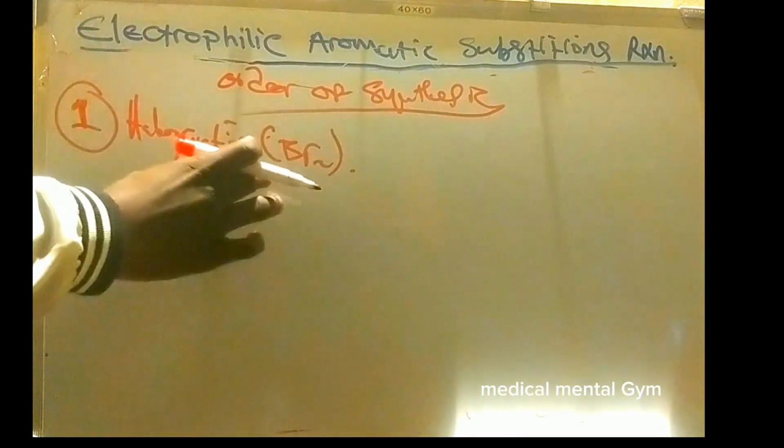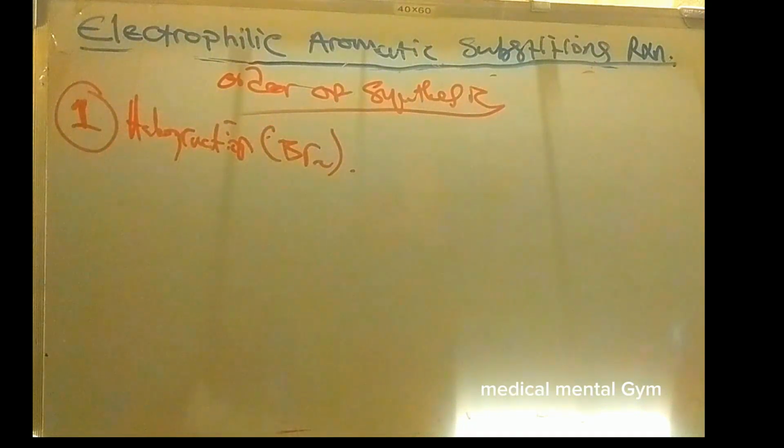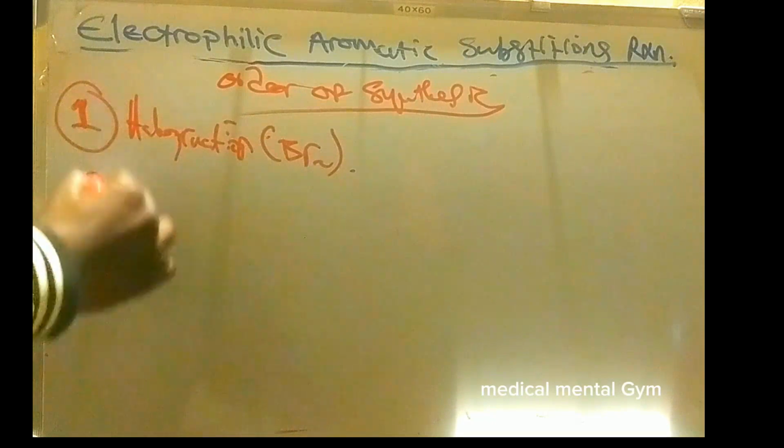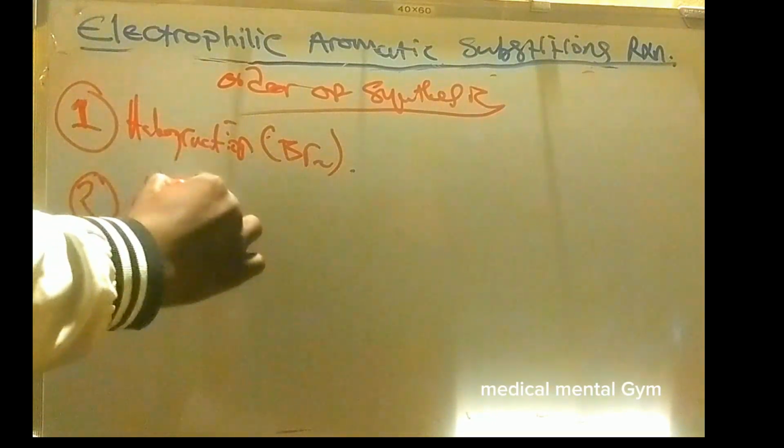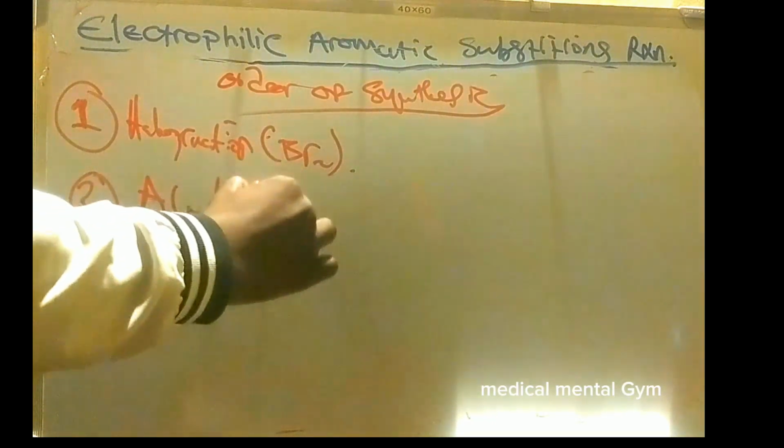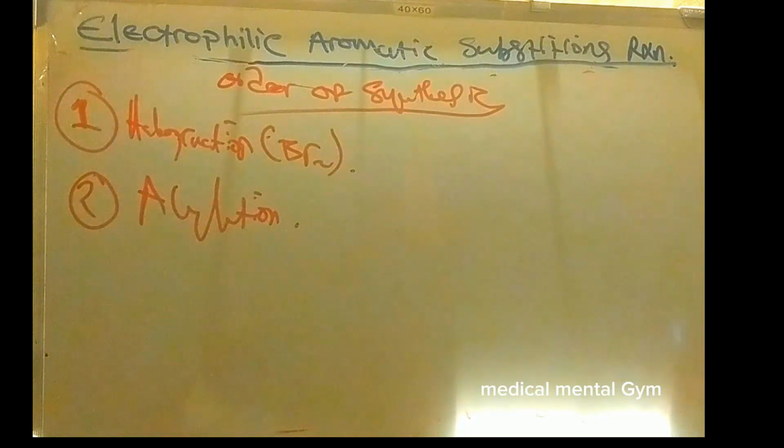So this will be reaction number one based on the analysis, and reaction number two will thereby be acylation. So that will be acylation of the benzene ring.